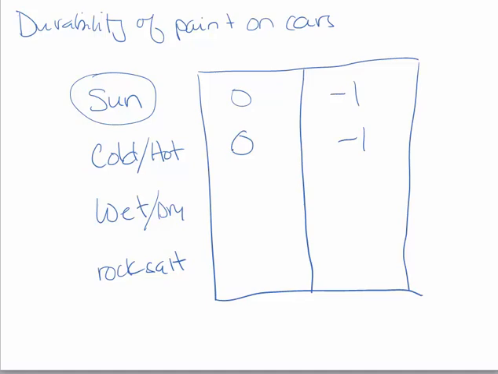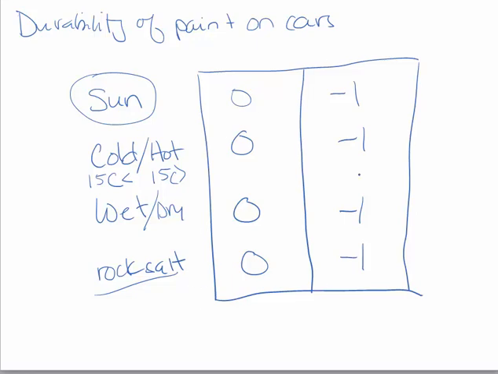So maybe cold is anything less than 15°C, and hot is anything greater than 15°C. Wet, dry: does it rain that day or does it not rain that day? So again, does it rain? Yes. No. Rock salt: was rock salt on the roads that day?